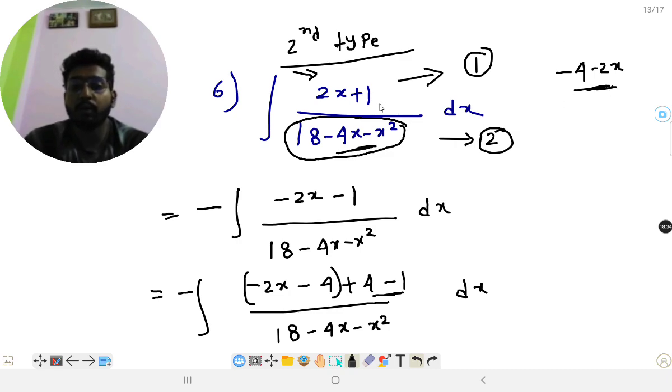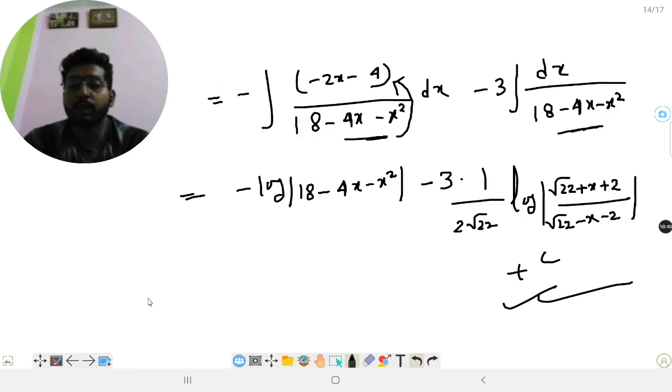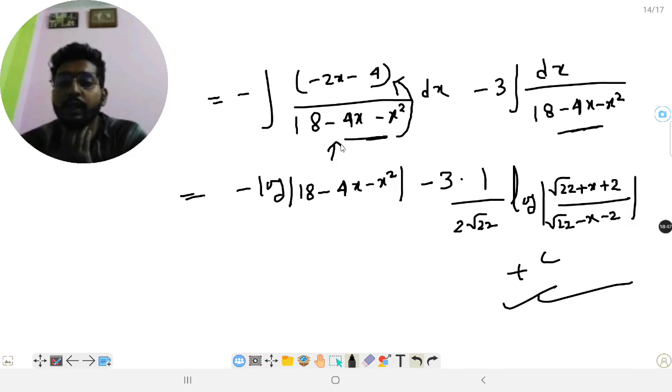So somehow we are making the numerator like this, minus 4 minus 2x. Then separate this one, that will become very easy. The first one will be very easy because the denominator derivative is the numerator, that means the integration is log mod the denominator, and the next one is the type 1 type. So this is the way to solve this type of problem.